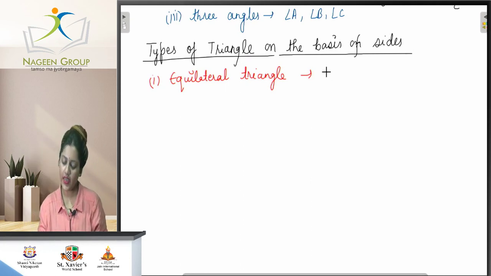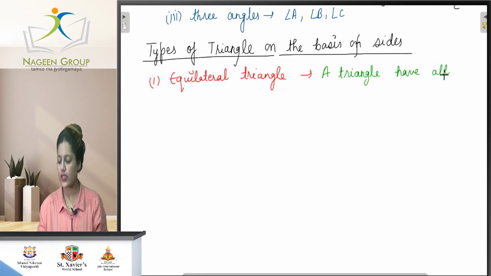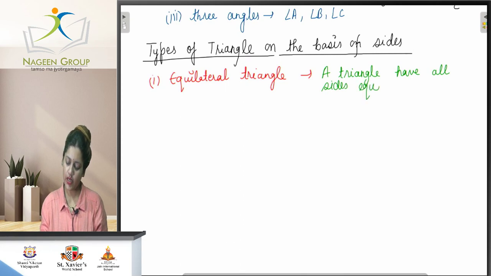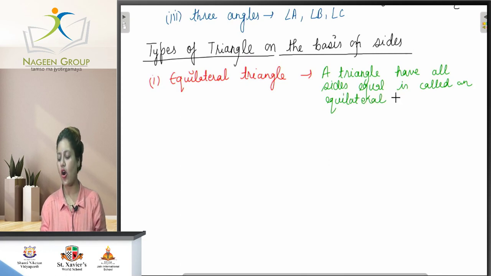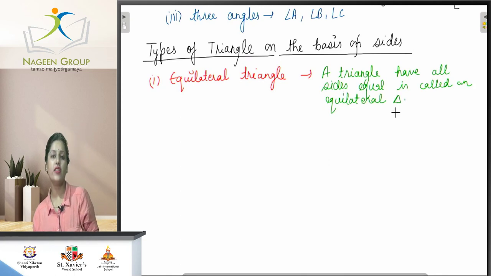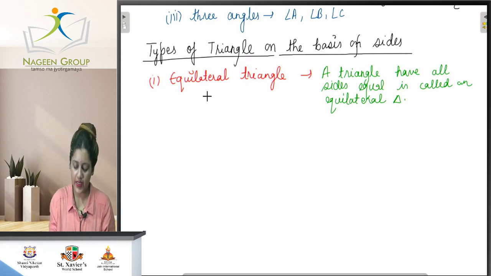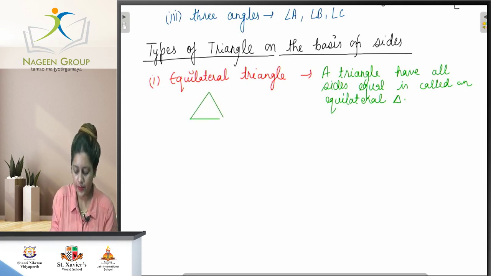A triangle having all sides equal is called an equilateral triangle. Means a triangle having all sides equal is known as an equilateral triangle. For example, we have made a diagram here.